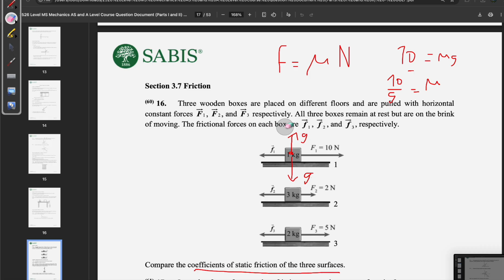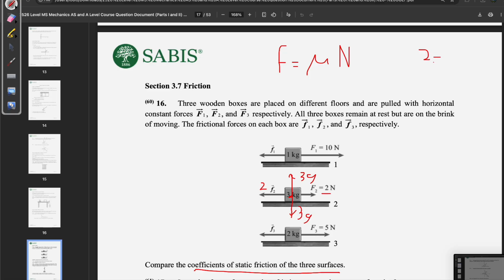Now we're going to do the same thing for number 2. Here we have down W is equal to mg, so G is going to be constant, so 3G. So up should also be 3G. And then this is 2, so this should be 2 as well.